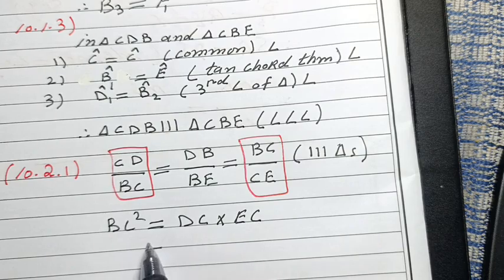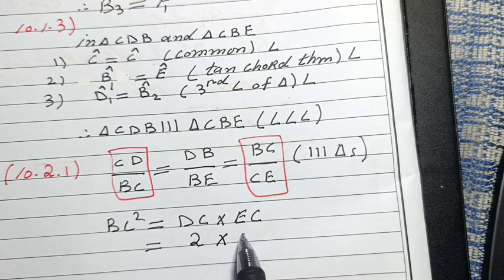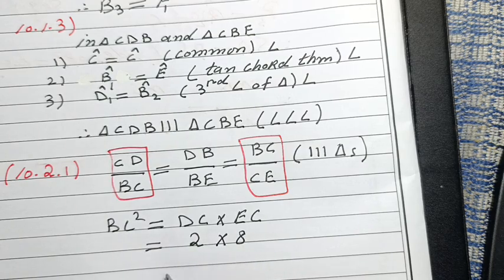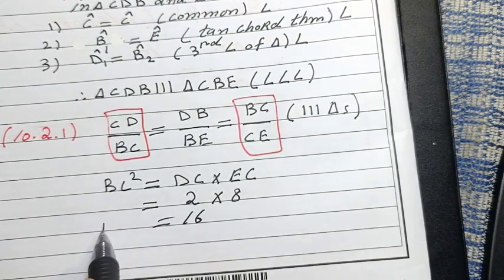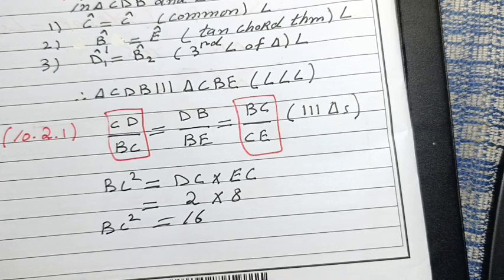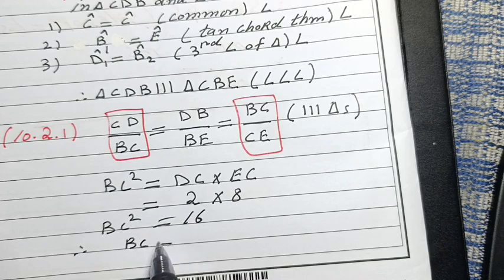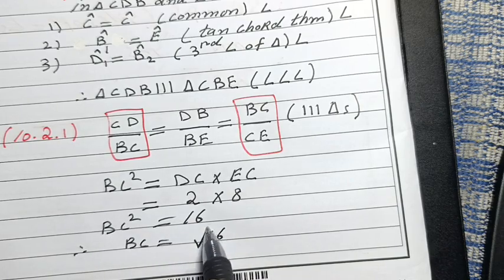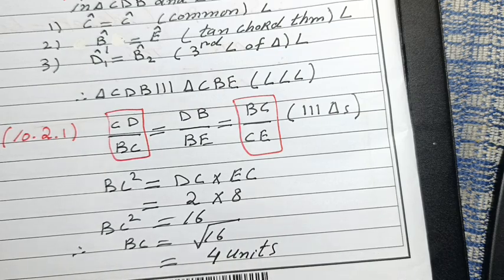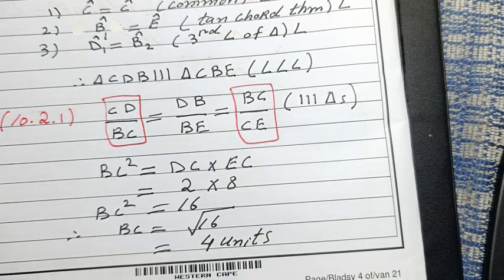Now CD we have 2 and EC we have 8. 8 times 2 is 16. So BC squared is equal to 16. Therefore BC is going to be equal to the square root of 16, because the square number, when I take it over, becomes a square root. So this is my final answer. The answer is 4 units.